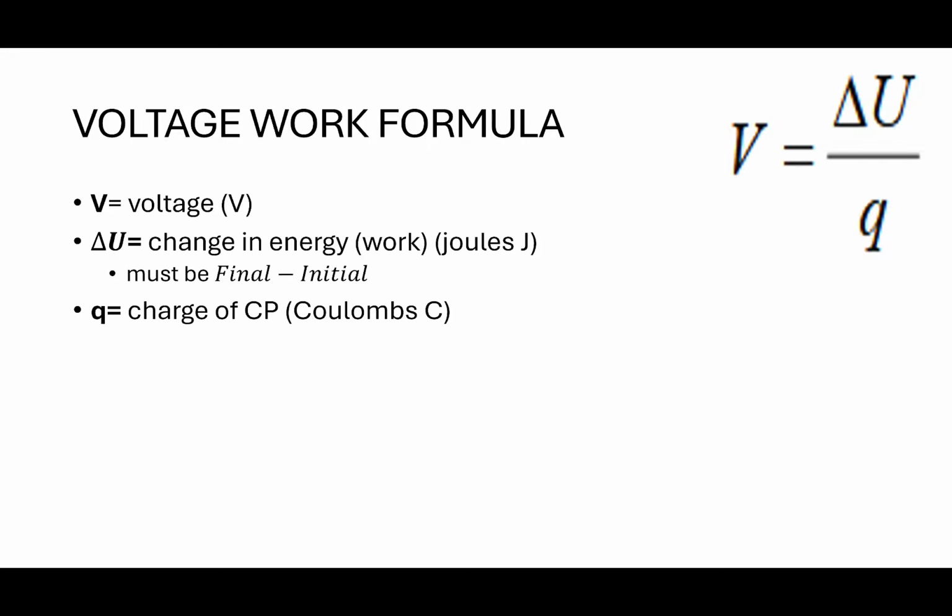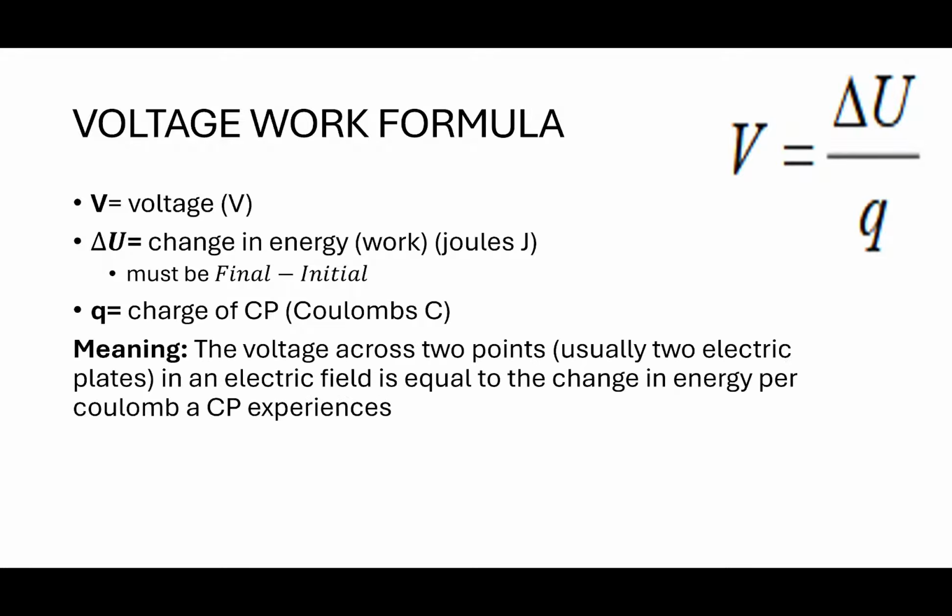The Q is the charge of CP in the electric field. And the meaning of this formula is that the voltage across 2 points is equal to the change in energy of a charged particle if it was put at the start of 1 point. So normally this is related with electric plates.